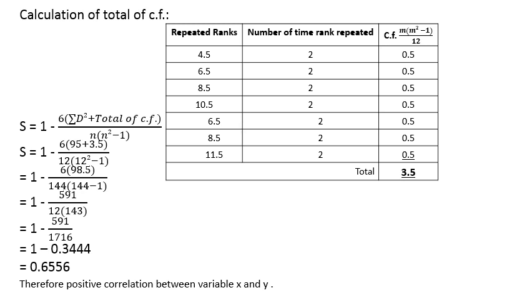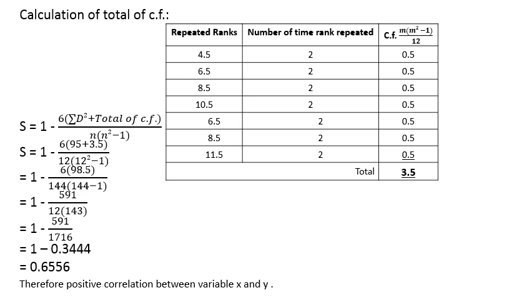First set of values: rank 4.5 repeated twice, 0.5; 6.5 repeated twice, 0.5; rank 8.5 repeated twice, 0.5; rank 10.5 repeated twice, 0.5. Second set of values: rank 6.5 repeated twice, 0.5; rank 8.5 repeated twice, 0.5; rank 11.5 repeated twice, 0.5. If I add up all CF values, you get the total of correction factor, that is 3.5.